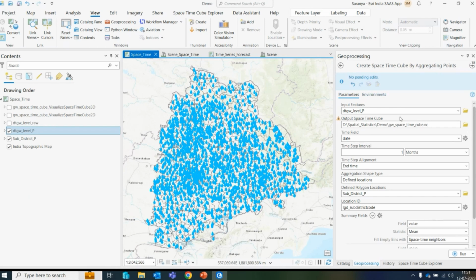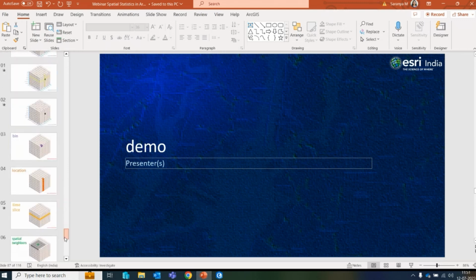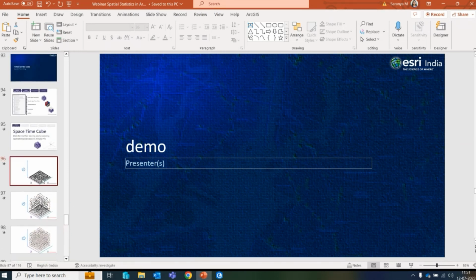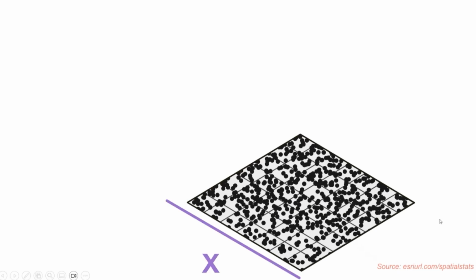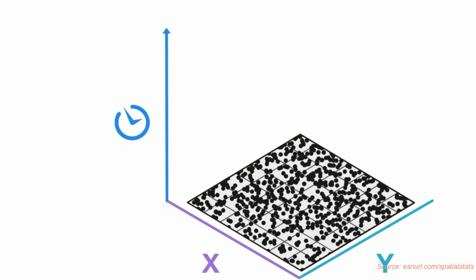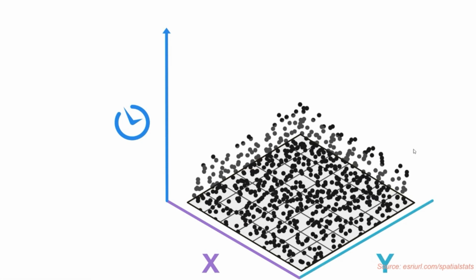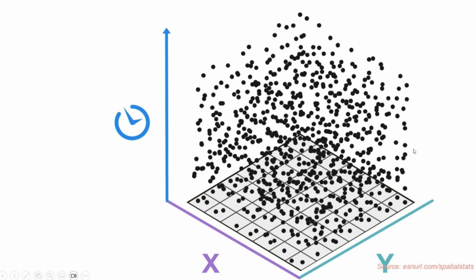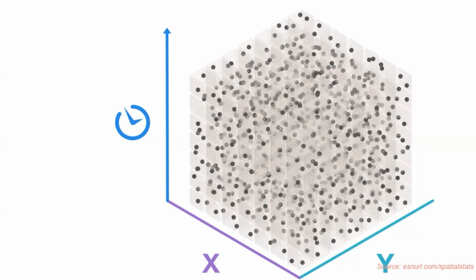What I'm trying to do is build a space-time cube with three values. I have my x-axis and y-axis, which are your latitude and longitude, and I'm also adding a third axis, which is time. So I have the data set for all these locations for different time periods also. I'm trying to aggregate them into bins.